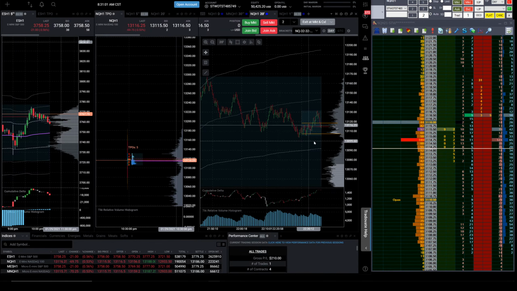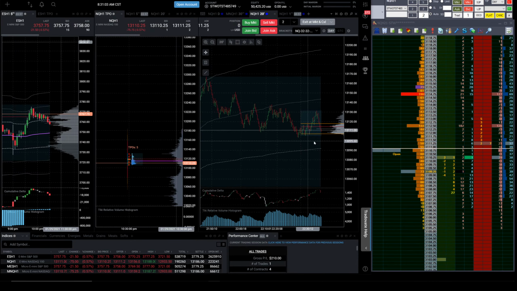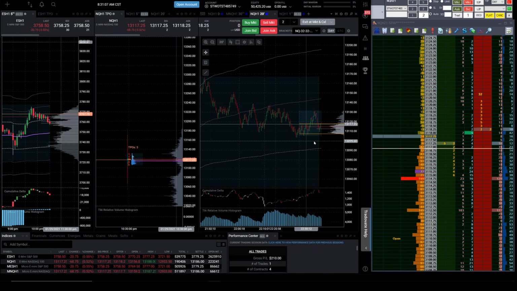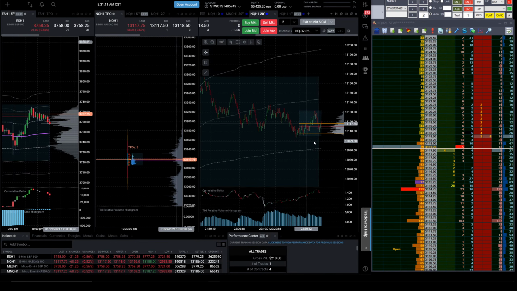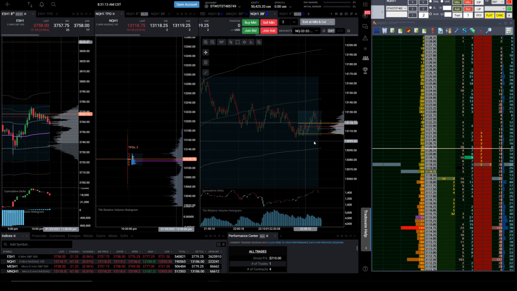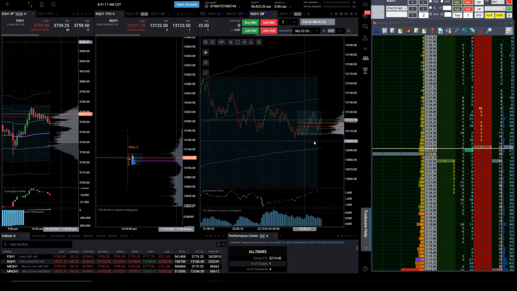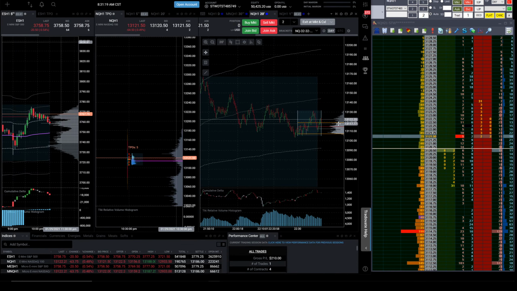So we've tested up towards the gap, and now we're trading back down across a very narrow value area. This is the value area.